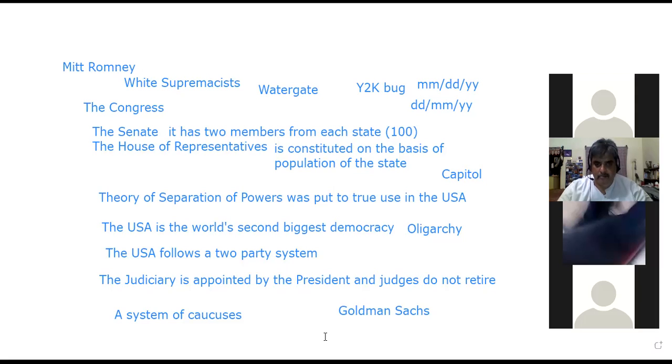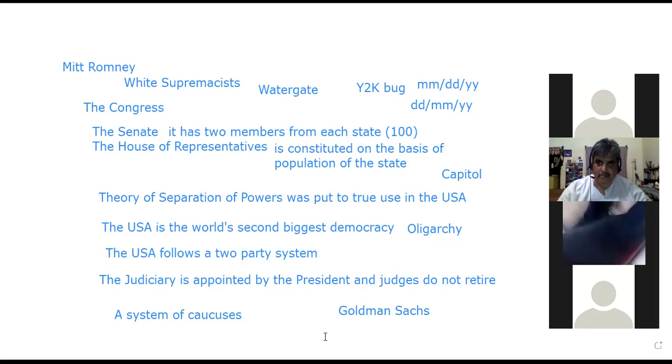So these secretaries, the so-called equivalent of ministers, are not elected by the people. How can you even say that this is a democracy?